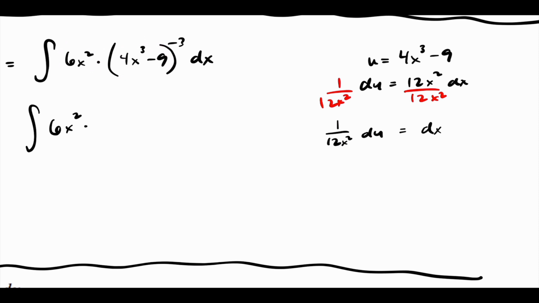Can't move it to the front, so it's got an x with it. X squared. So I leave it there. This is u. Du is going to be 1 over 12x squared du. Multiply by x squared, divide by x squared. Those become 1.